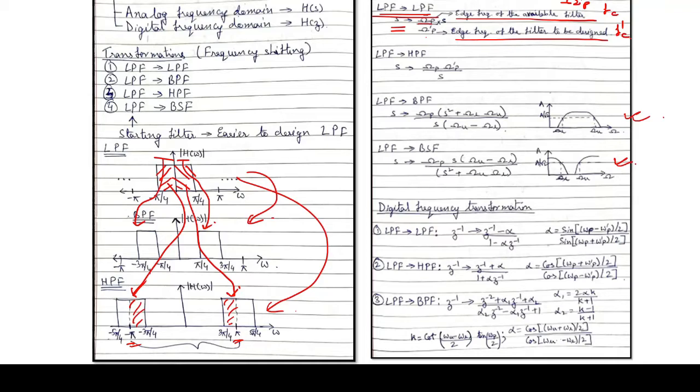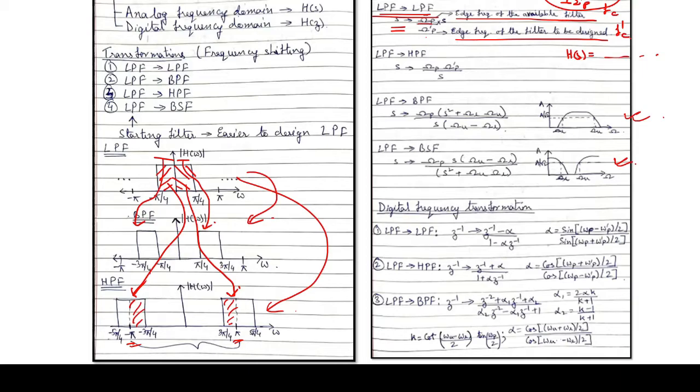If I give you some filter H(s) equals something, you need to replace s with this expression. You will be given the cutoff frequency omega p and also the cutoff frequency of the filter to be designed, so you just need to replace that.